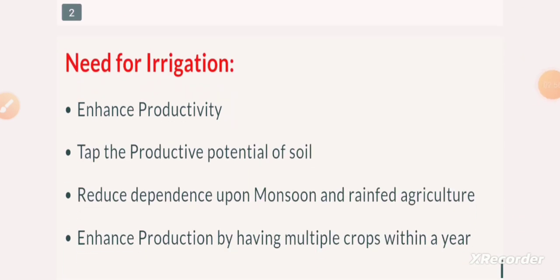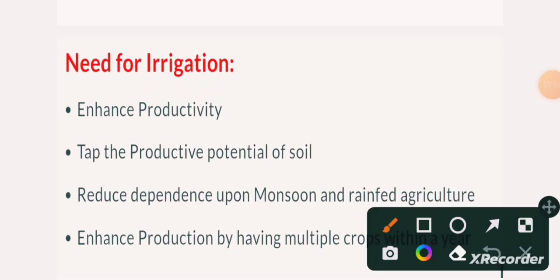Now here we can see the need of irrigation. Why is irrigation important? Irrigation is important to enhance productivity, meaning after irrigation, farmers are able to get multiple crops in a particular area. Also the fertility of the soil is increased by irrigation. Irrigation reduces the dependence on monsoon and rain-fed agriculture, so the farmers can easily get multiple crops.